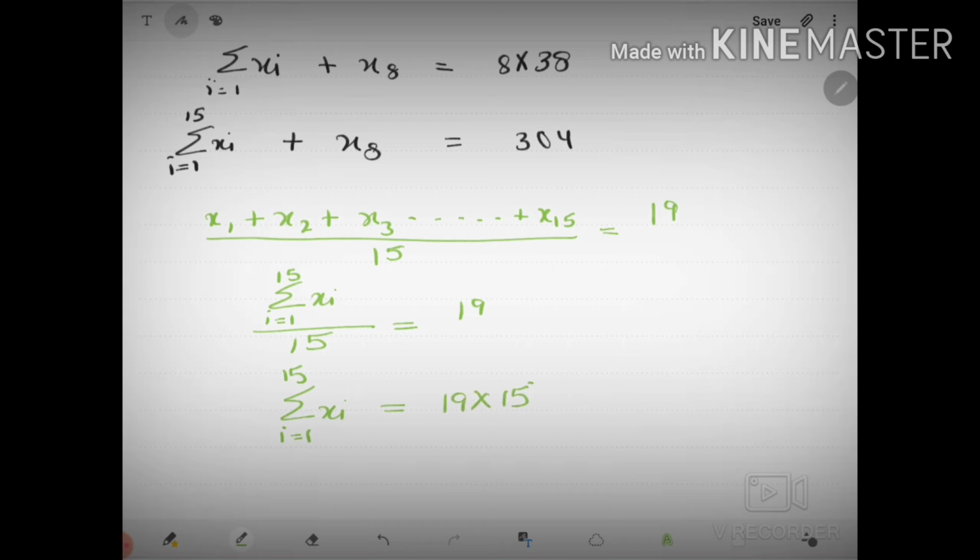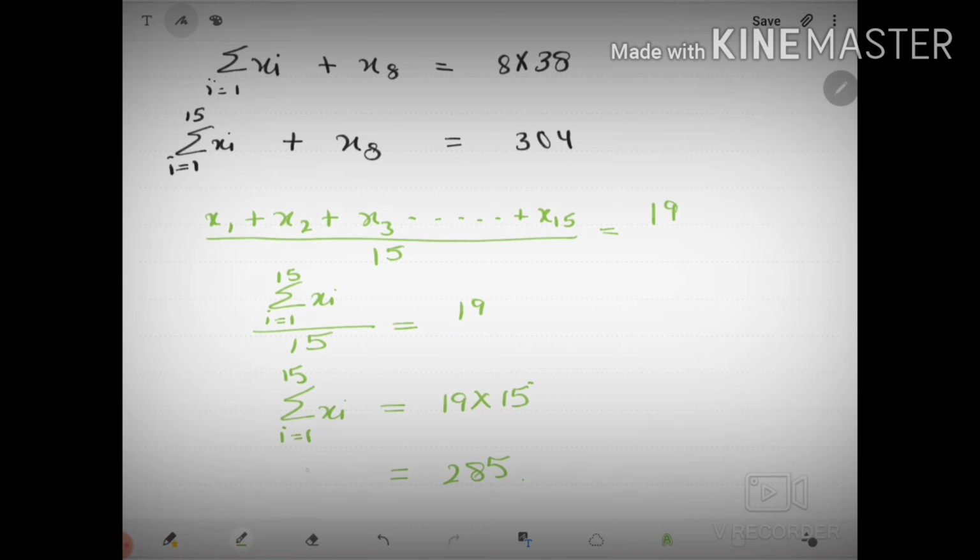So I got the value of the sum of all the observations here, and this can be written as 285.